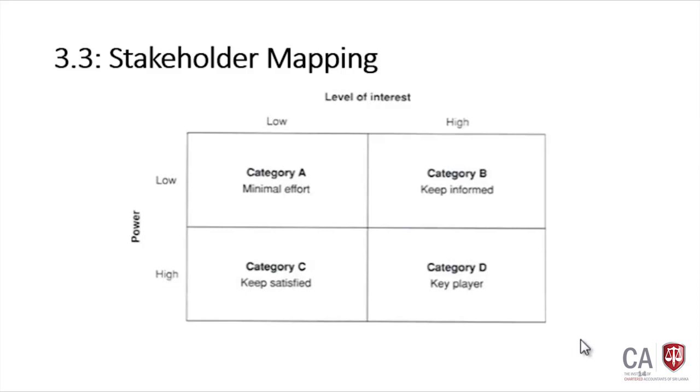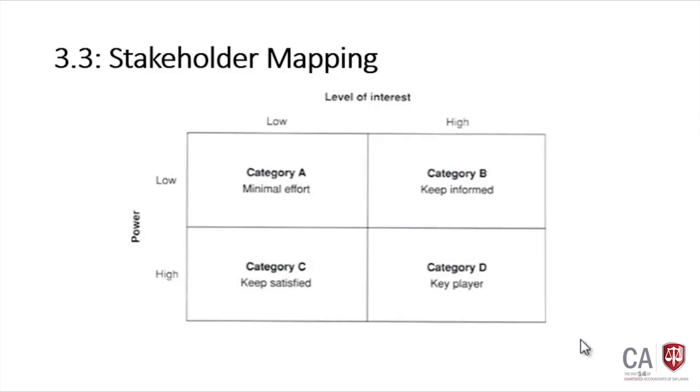If there is a stakeholder whose power is low but level of interest is high, we identify them as category B. If a stakeholder's power is high but level of interest is low, we identify them as category C. If a stakeholder's level of interest is high and at the same time power is also high, we identify that group as category D, and such a group we also identify as a key player.